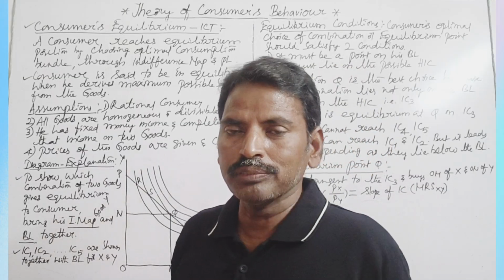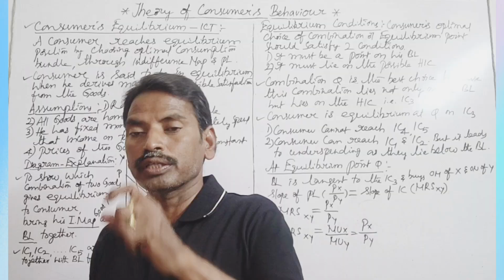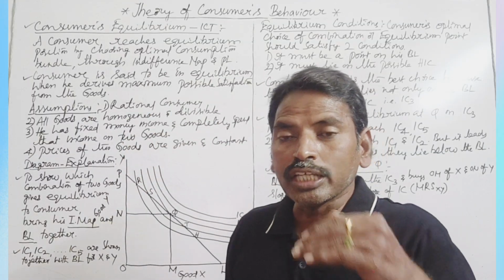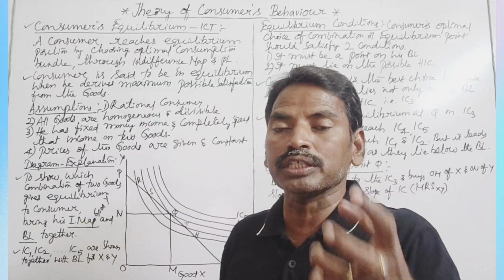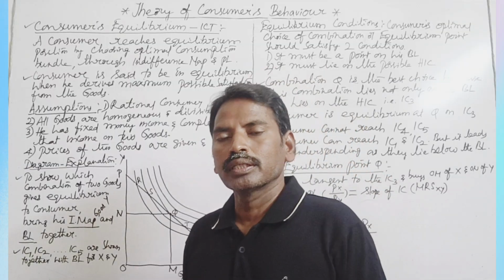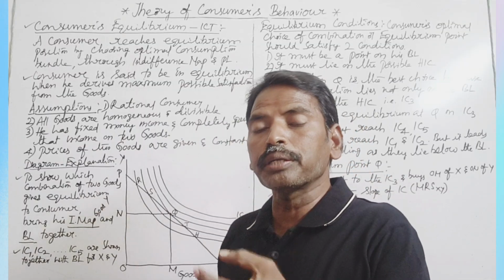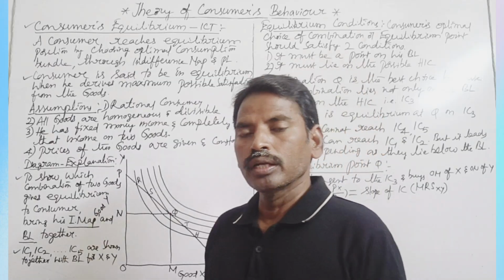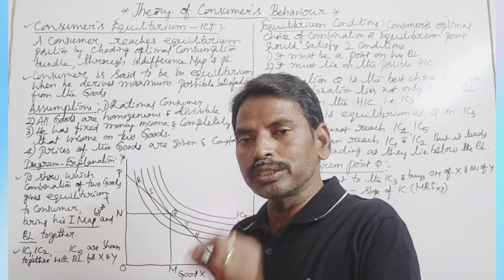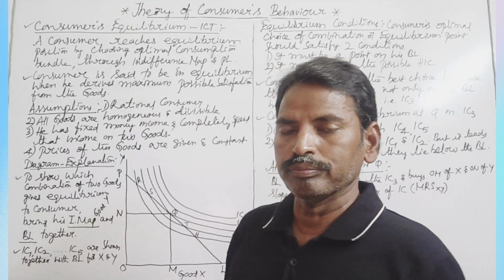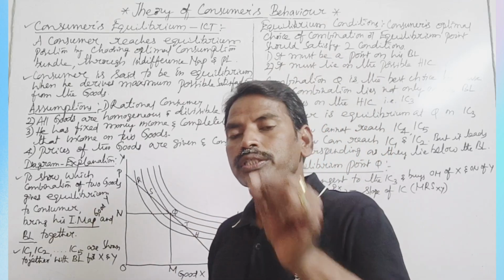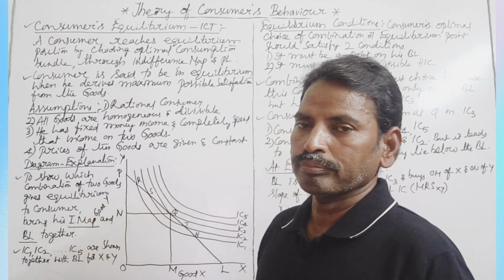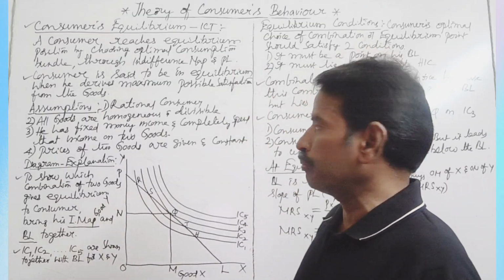Indifference map means a set of indifference curves. It explains the entire utility function of a consumer. It depicts the complete picture of taste and preference of the consumer. Indifference curves are arranged and numbered in ascending order. Higher indifference curve shows a higher level of satisfaction than the lower one. That is called indifference map.